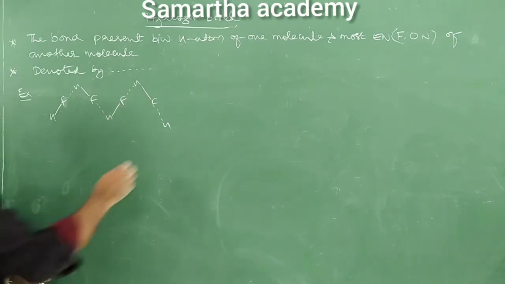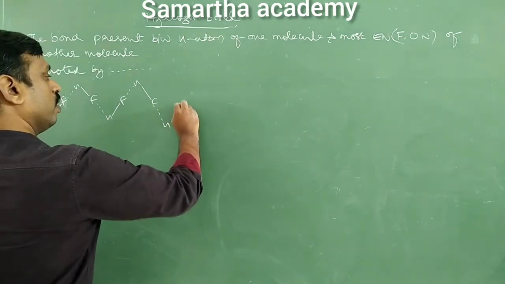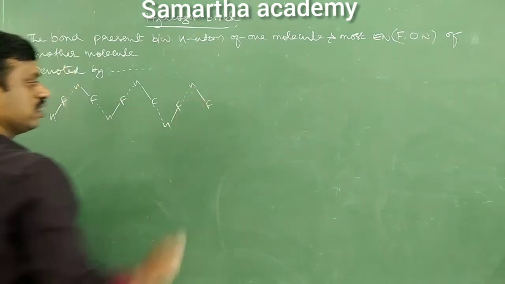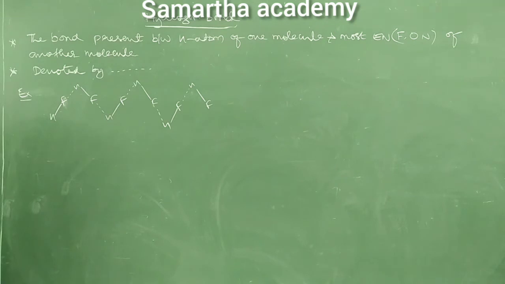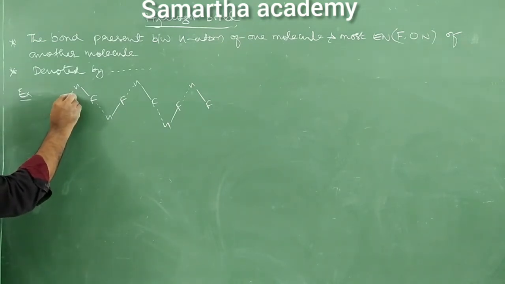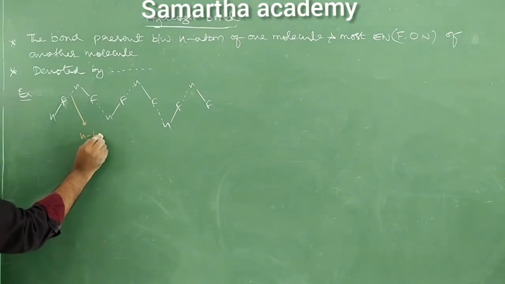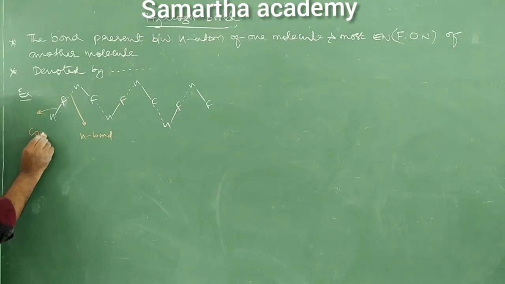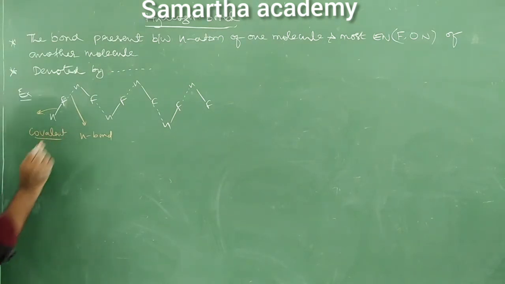This is H, this is F. So in between HF there is a hydrogen bond. Do you understand? One molecule HF, another molecule. Come on, tell me. Here, this dotted line is what? It is hydrogen bond. This thick line is what? It is a covalent bond.